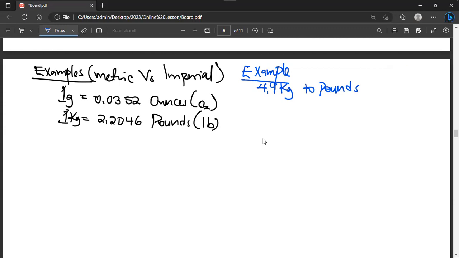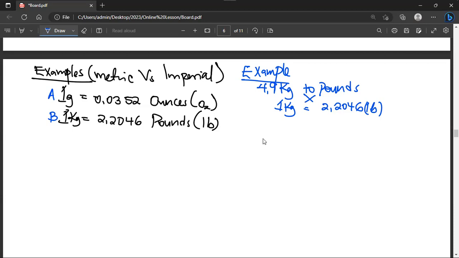Definitely we shall use factor B, which says if you only have 1 kilogram, you have an equivalence of 2.2046 pounds. So cross multiply. I told you the number which is missing, it will go.